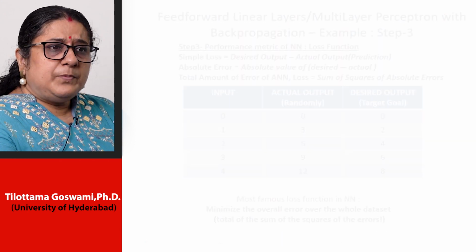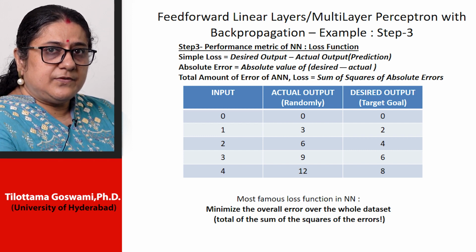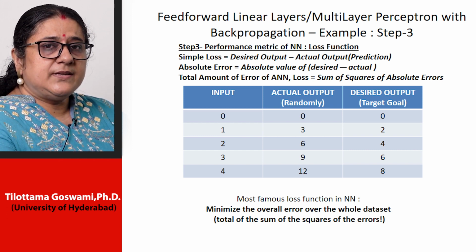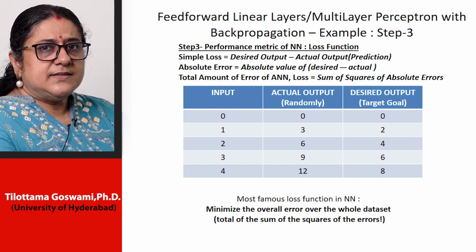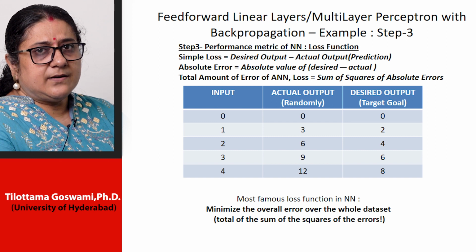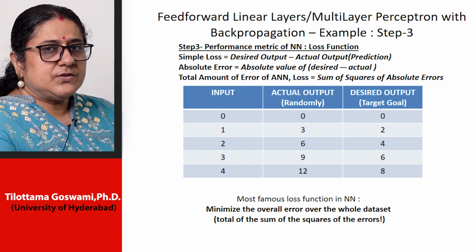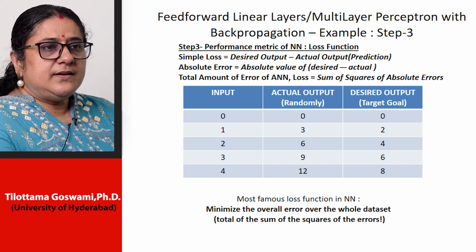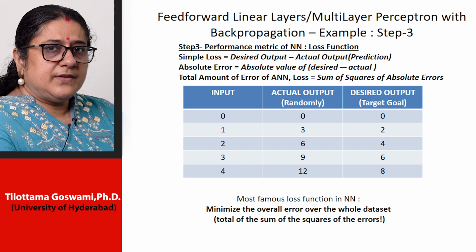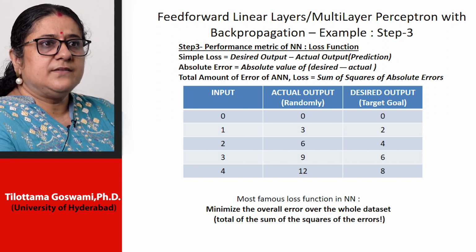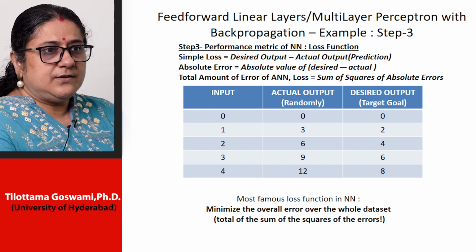In step 3, performance metric of the neural network, we need to measure the performance, how it has done at present, by computing the loss function. Simple loss is the difference between the desired output and the actual output. The actual output is also called prediction. Absolute error is the absolute value of the difference, and the total amount of error for the artificial neural network is equal to the sum of squares of absolute errors.